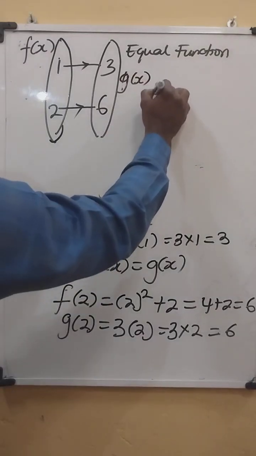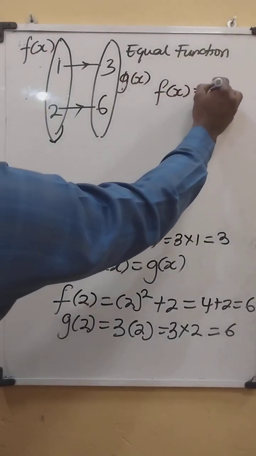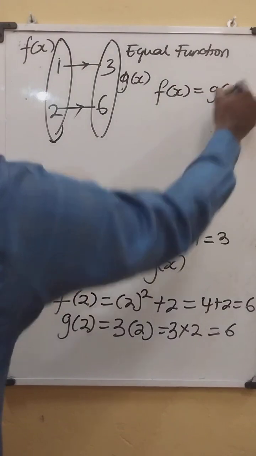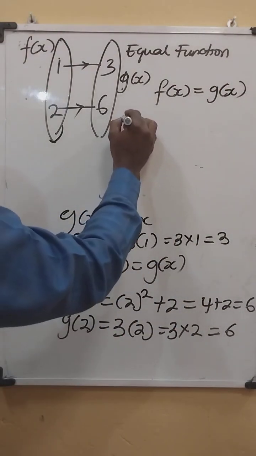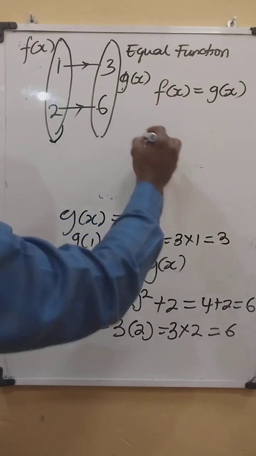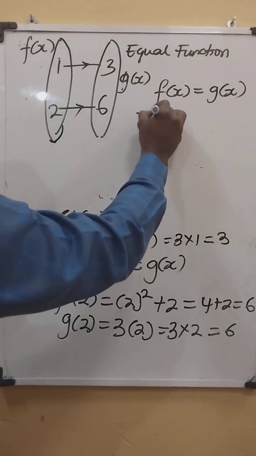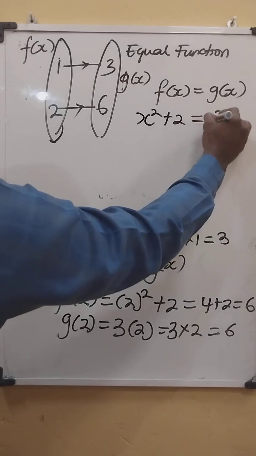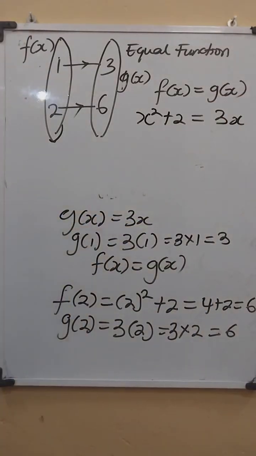So f of x is equal to g of x, which was what did we have as f of x? The function f of x was x squared plus 2, is equal to 3x. Did you see that? So this is how it is denoted.